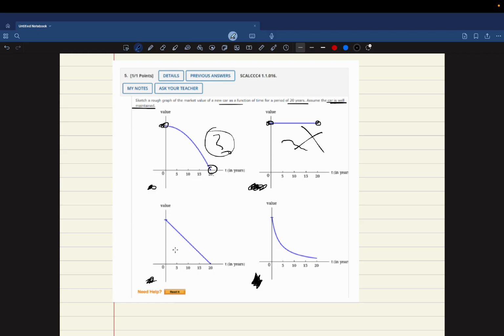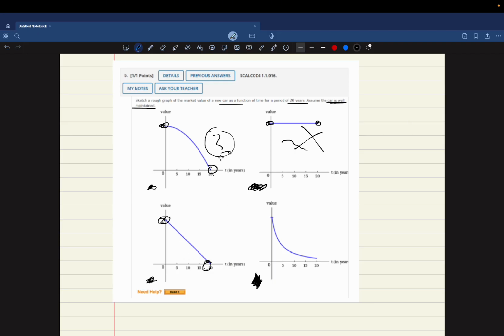Now this is also a straight one, so let's see. Here it is saying the value in the initial time is this. Over the course of 20 years it will linearly, constantly degrade to 0.